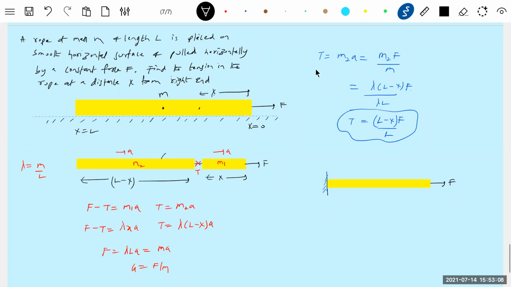This part is at rest. What about this part of the rope? This is moving. And now what do you say about the tension? Will it be equal to the force?